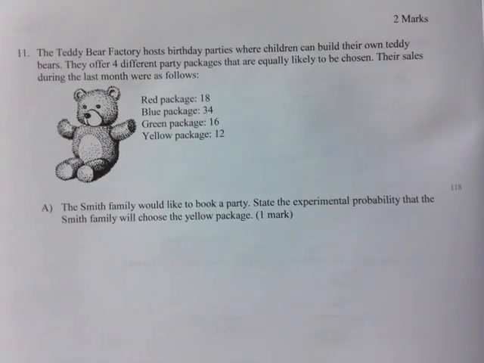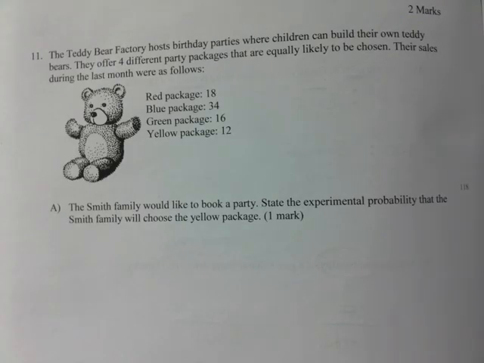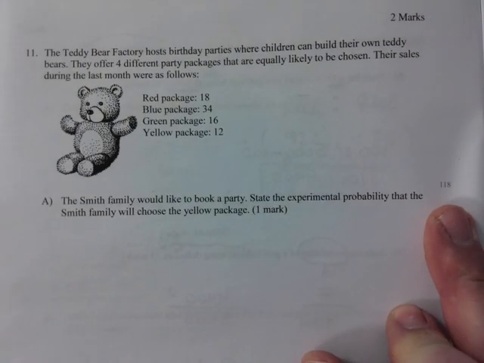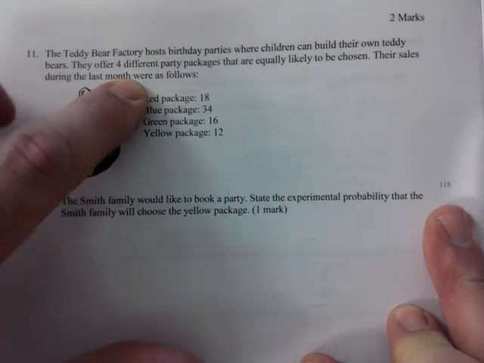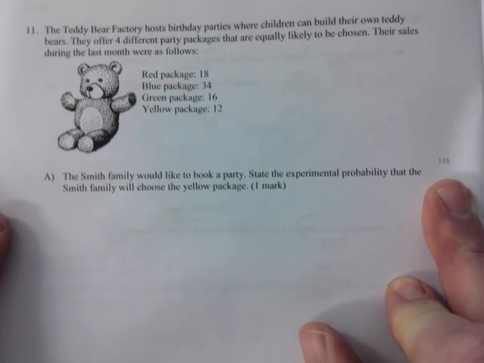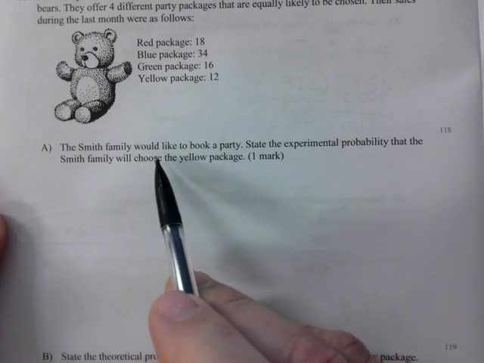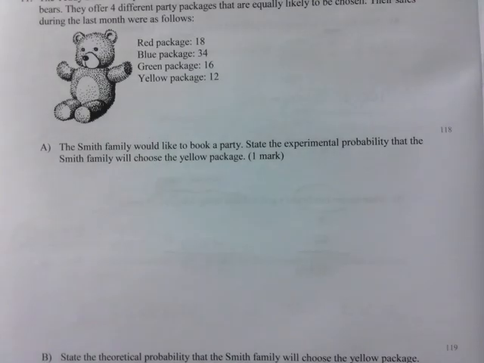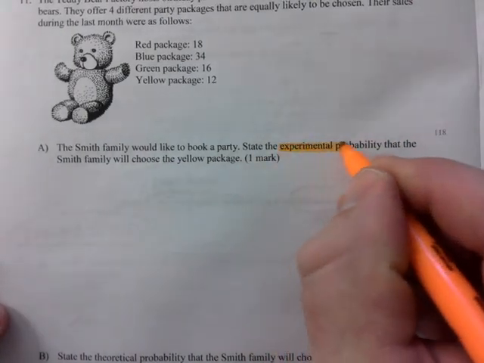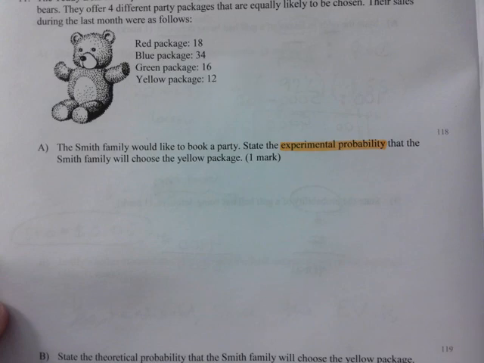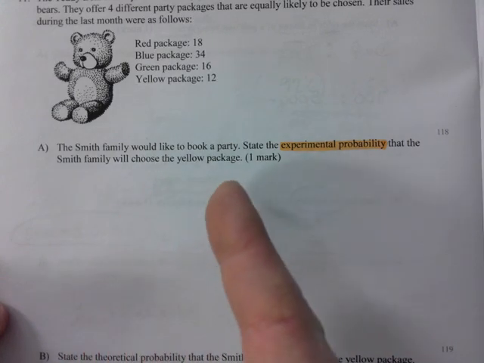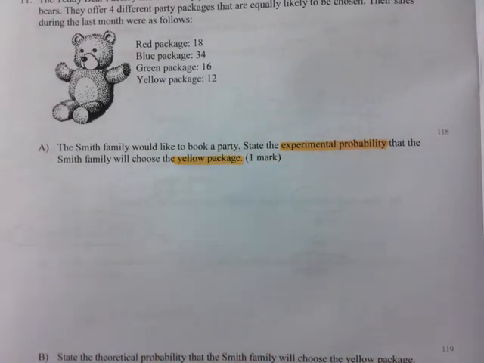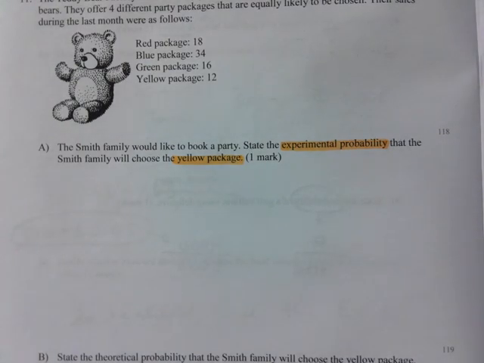The Teddy Bear Factory hosts birthday parties where children can build their own teddy bears. They offer 4 different party packages that are equally likely to be chosen. Their sales during the last month were as follows. The Smith family would like to book a party. State the experimental probability that the Smith family will choose the yellow package. What is experimental again?